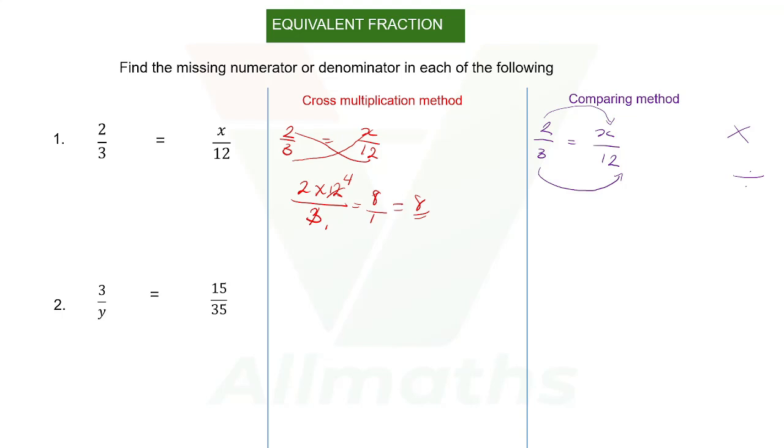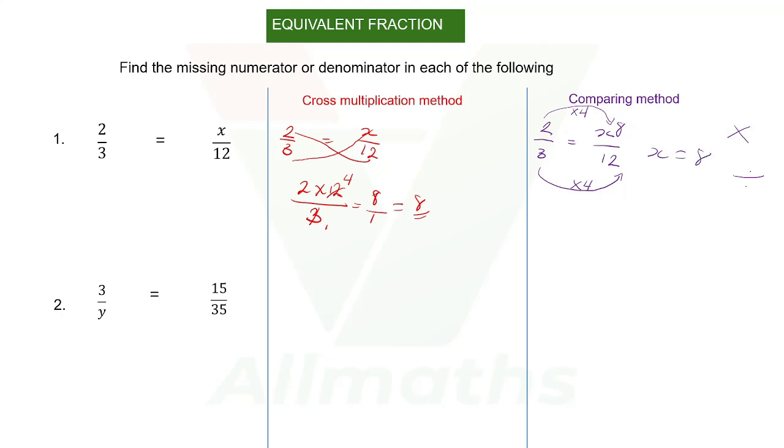So 3 has been transformed to 12, and I said it is either a multiplication or a division. If you're conversant with your 3 multiplication table, you realize that 3 has been multiplied by 4 to give us this 12. So 2 also should be multiplied by the same 4, and 2 times 4 is what? 8. So x is 8.